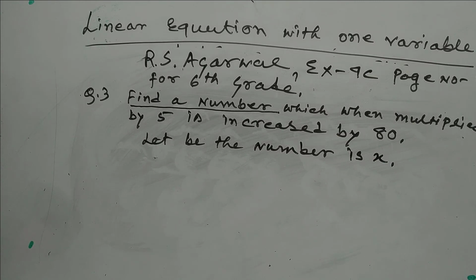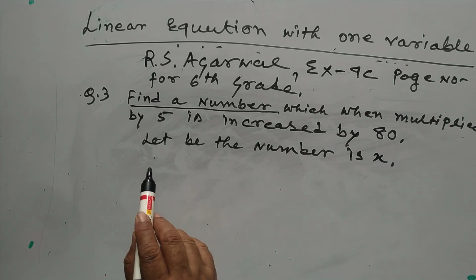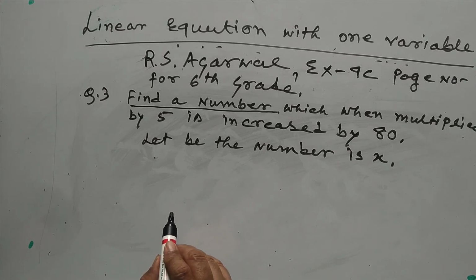Okay, now the number which when multiplied by 5 is increased by 80 means 80 is added to the number when you multiply the number by 5.